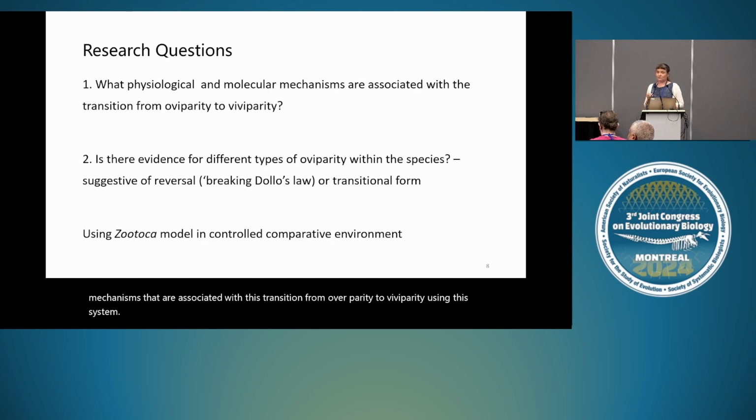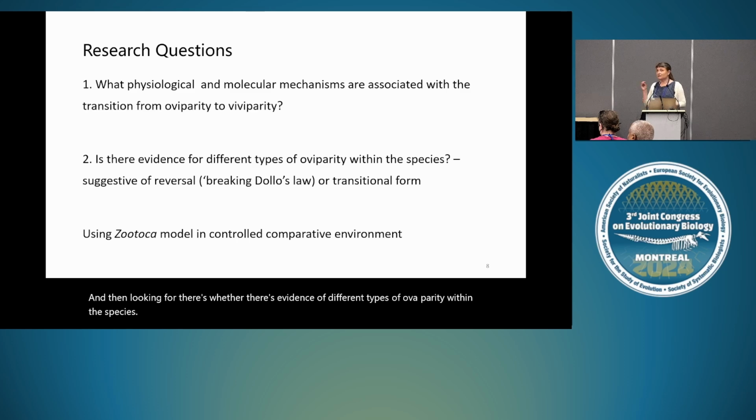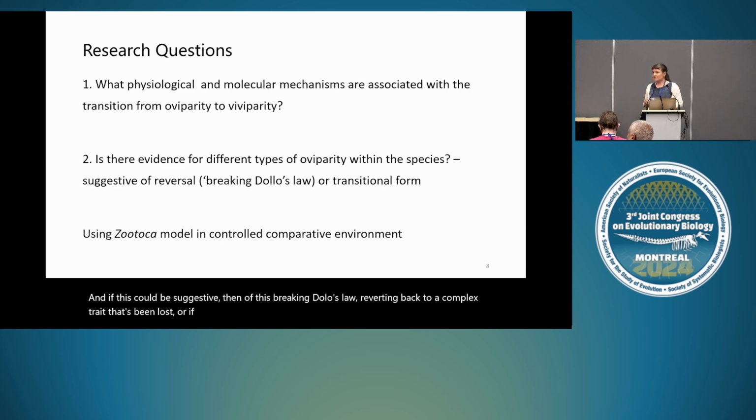And then looking for whether there's evidence of different types of oviparity within the species. And if this could be suggestive then of this breaking Dollo's law, reverting back to a complex trait that's been lost, or if it's some other type of transitional form between oviparity and viviparity.